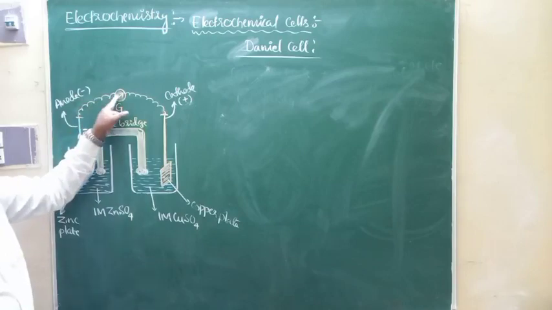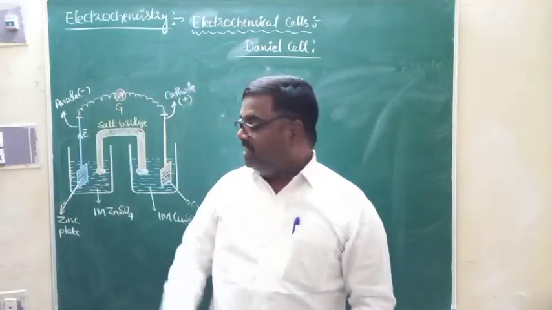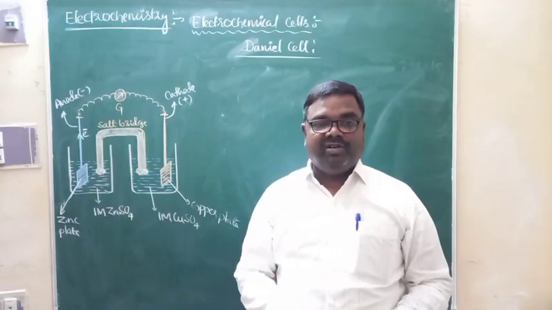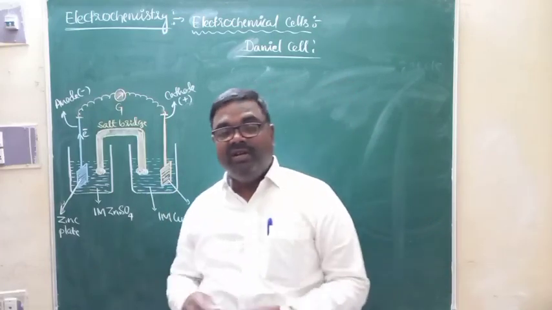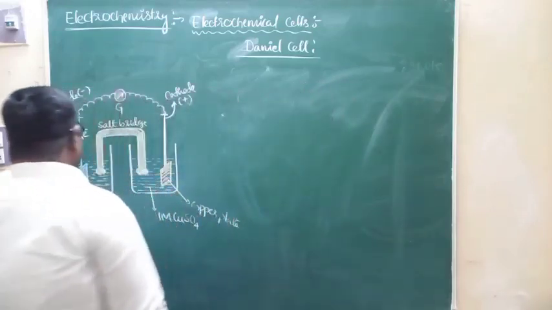Once the flow of electrons starts in the external circuit, there is a conversion of chemical energy to electrical energy. So this is what we call the Daniell cell. Just observe here.